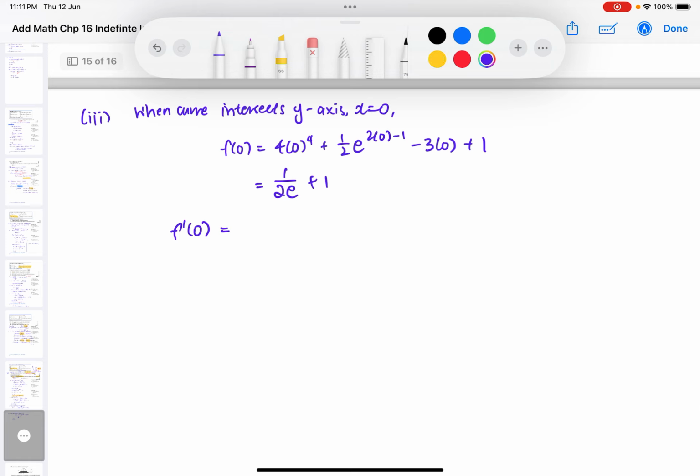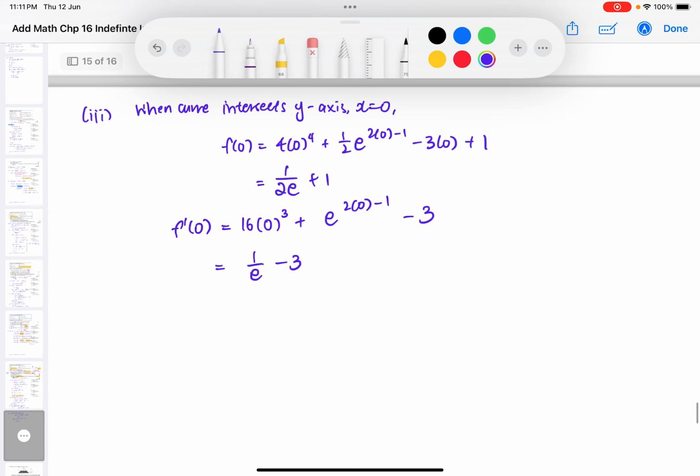So let's write that down. 16x to the power of 3 plus e to the power of 2 times 0 minus 1 minus 3. If I simplify this, e to the power of -1 again, so it's 1 over e minus 3.